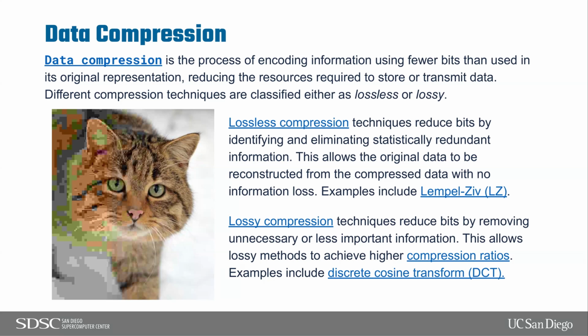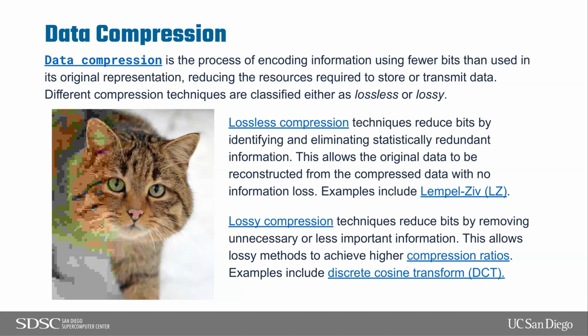If you're not familiar with data compression, there are different types of data compression algorithms, and the different tools you might encounter, or the type of data you're working with, will usually have an impact on which algorithms you use. There are essentially two broad classes: lossless compression techniques and lossy compression techniques.